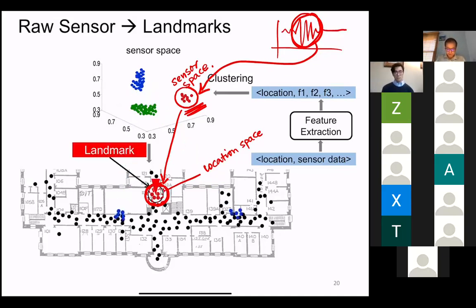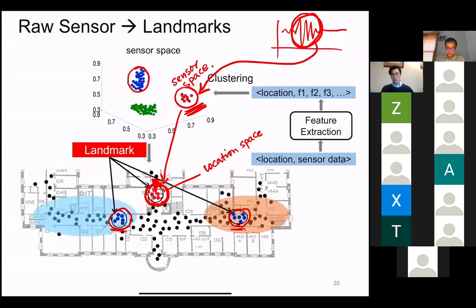Next, you take the blue points and again project them back to location space, and you see, oh, there are 2 such location space clusters. That means this pattern, whatever it might be, happened in 2 locations. You found two landmarks now.